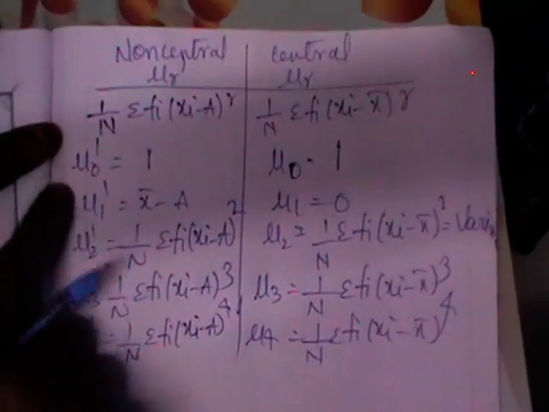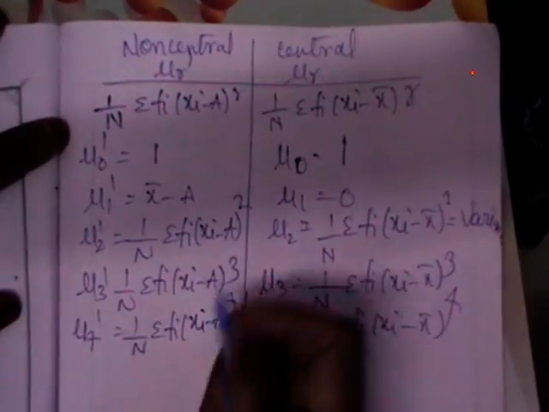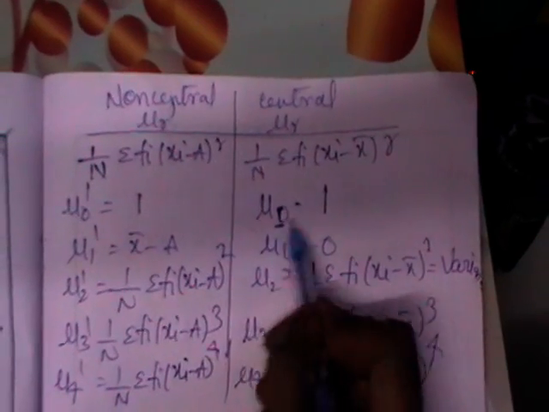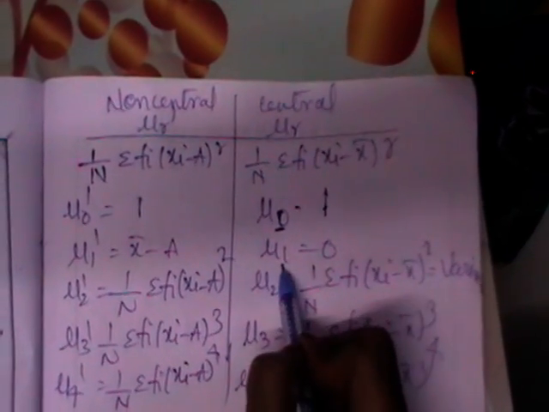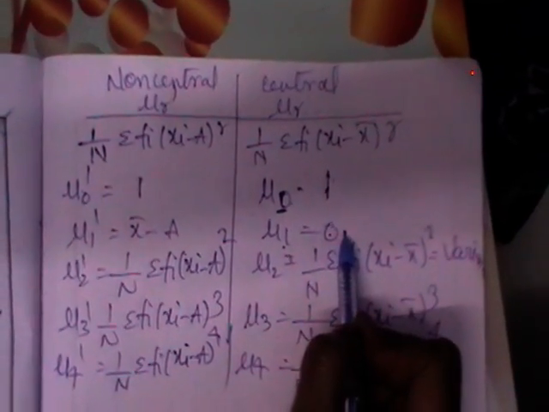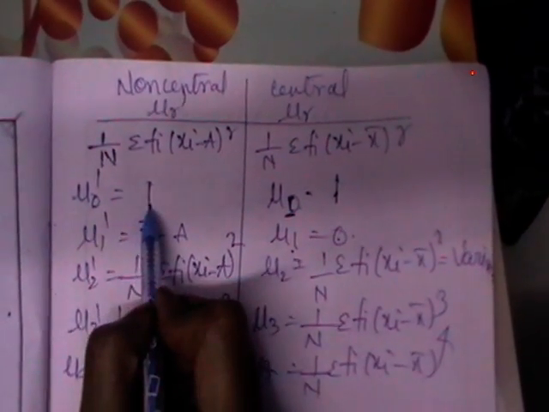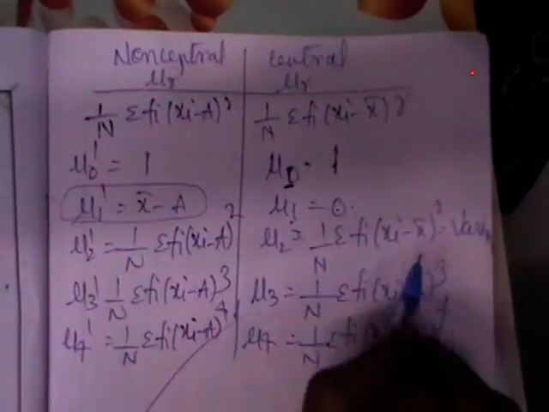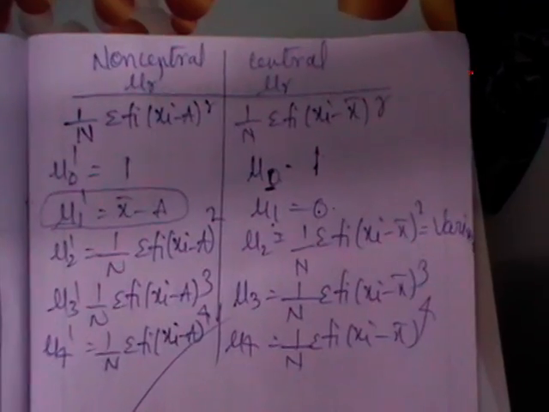These are the first four under non-central and the first four under central. A shortcut: if you have 0 here you will get 1 here, if you have 1 here you will get 0 here, that is, mu 0 is 1, mu 1 is 0. For non-central, if you have 0 you will get 1, but mu 1 dash is entirely different, x bar minus a. Try to remember this table. Okay, thank you.